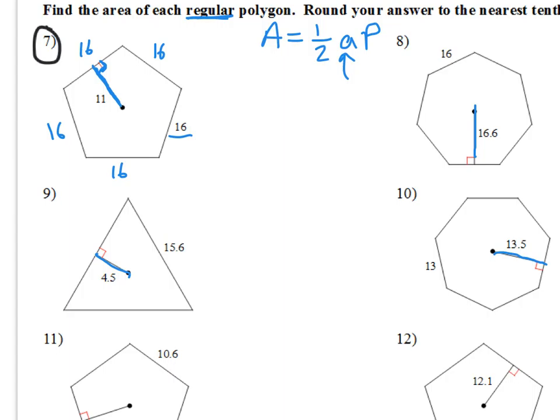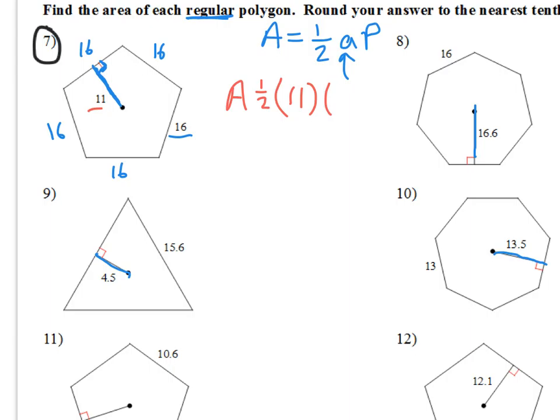So let's apply this formula and find out the area of this pentagon. Our area is going to be 1/2. Our apothem is 11 times the perimeter. Well, there's 5 sides, each of them 16 long.